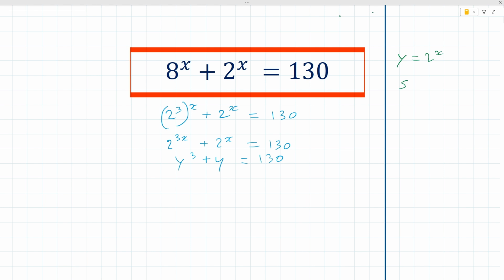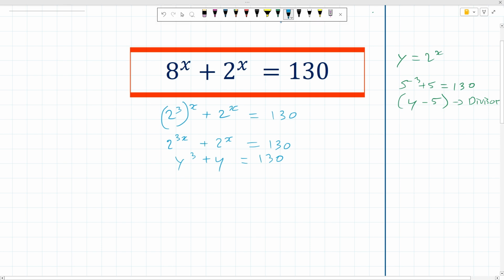So with the knowledge that 5 cubed plus 5 equal 130, we can actually divide our expression by y minus 5, and we should have no remainder. So this is a divisor of our expression.